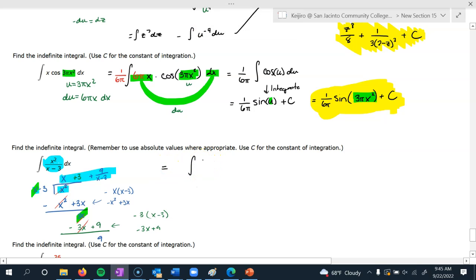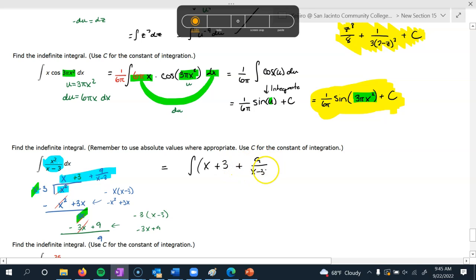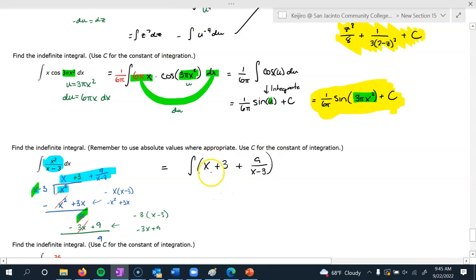So this is actually the integral of x plus 3 plus 9 over x minus 3. You don't have to break this up into multiple integrals. The integral of x is going to be x squared over 2. The integral of 3 is going to be 3x, and the integral of 9 over x minus 3, a linear term on the bottom and a constant term on the top, is going to integrate into a natural log.